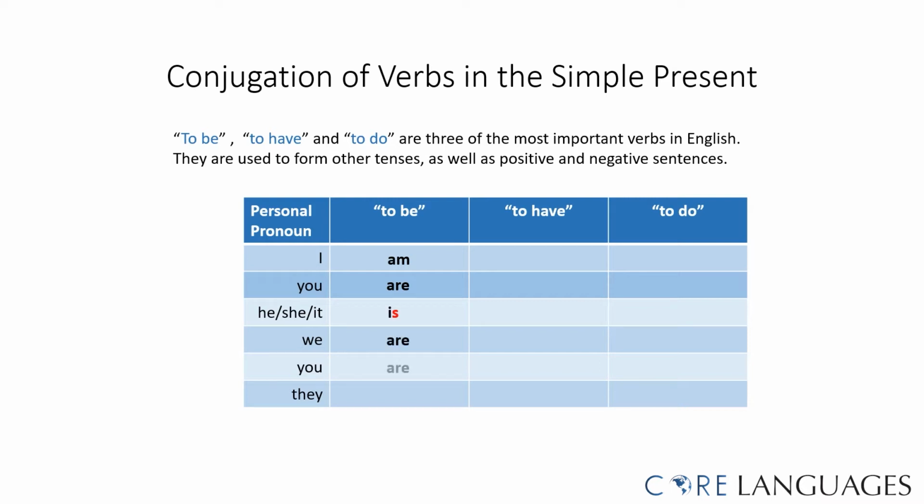We are, you are, they are. I have, you have, he, she, it has. We have, you have, they have. I do, you do, he, she, it does. We do, you do, and they do.